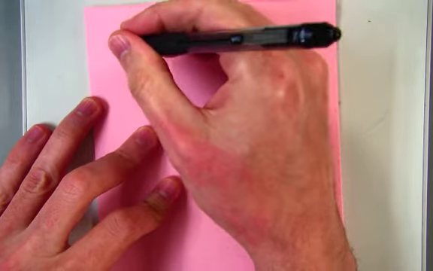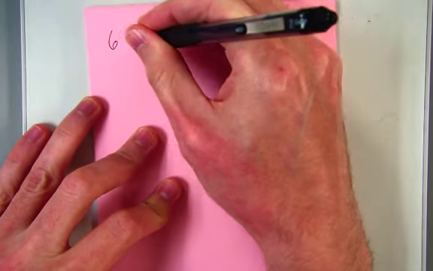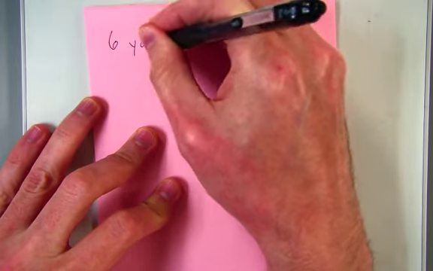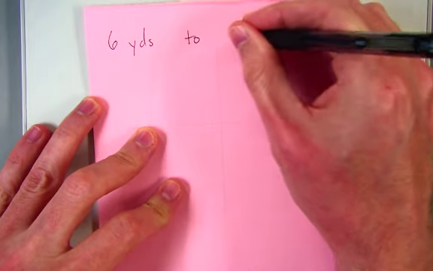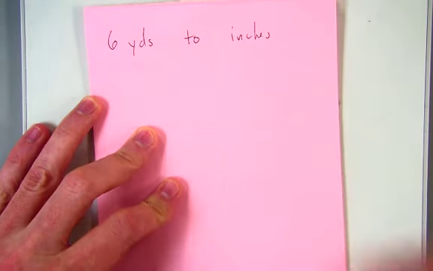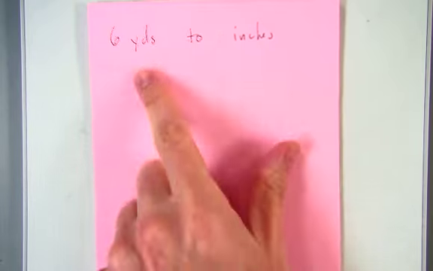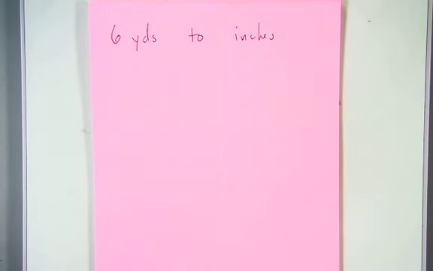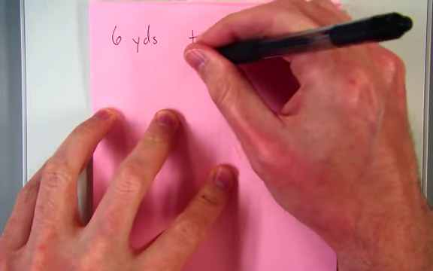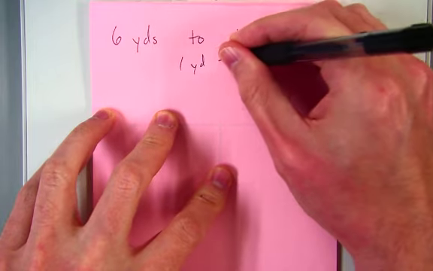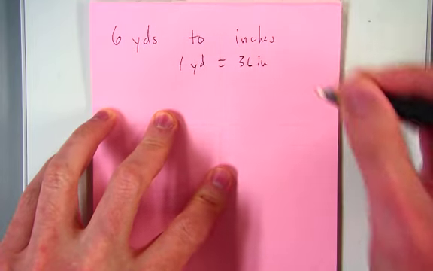There is another, so let's do one where we have to do a couple of conversions. Let's say we have 6 yards, and we want to change that to inches. And there are a couple of ways to do this problem. It's not hard, and in fact, if you just go to Google and put in yards to inches, you're going to get a conversion factor that says 1 yard is 36 inches, and that will certainly work for you.